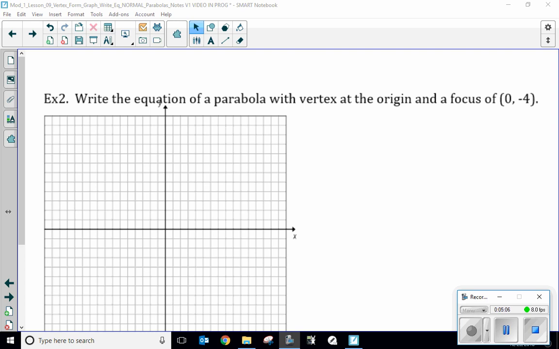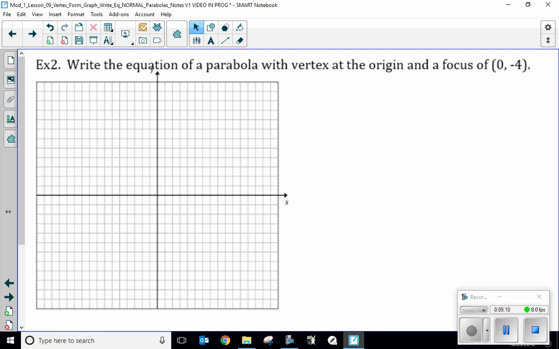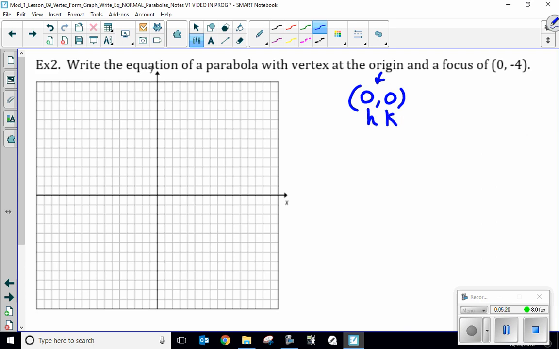Okay, again, write the equation of the parabola with a vertex at the origin and the focus 0, -4. I'm going to move this whole thing up here. So the vertex at the origin is 0, 0. We now have an h and a k. The only thing we need left for our equation is an a.